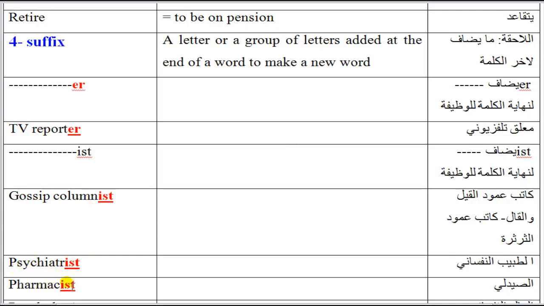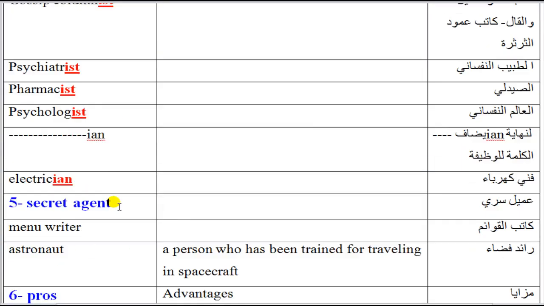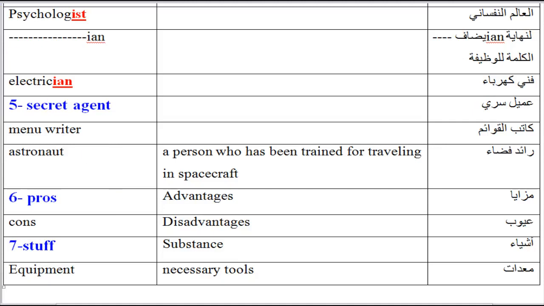Pharmacy, when we put ist, is the person who works in the pharmacy: pharmacist. So suffix er, TV reporter, like driver; ist, gossip columnist, psychiatrist, pharmacist, psychologist; ian, electrician.